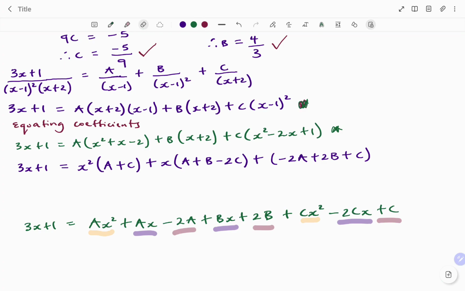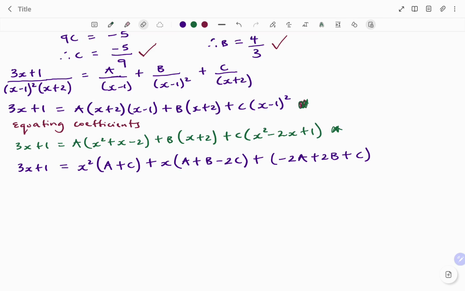So the next step, because I'm using the method of equating coefficients, will be to compare what I have on my left hand side and on my right hand side. I'm going to start with the coefficient of x squared.